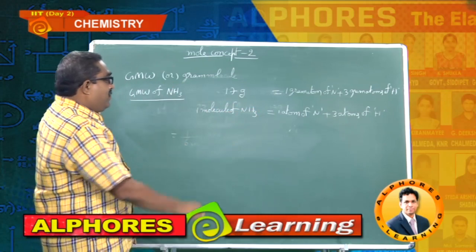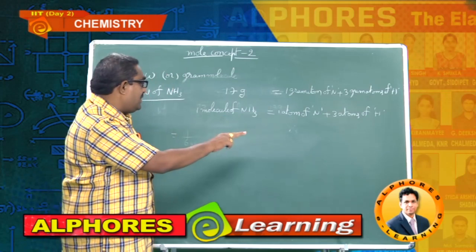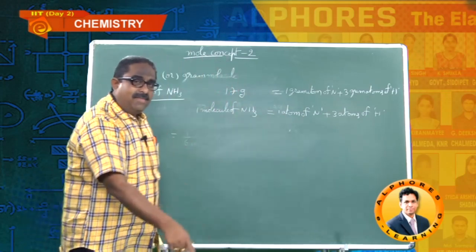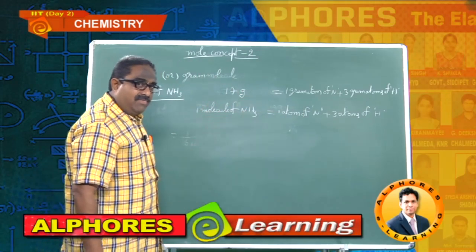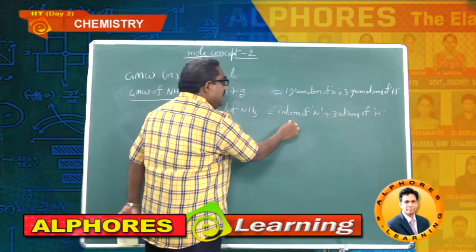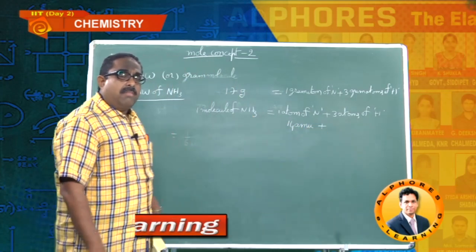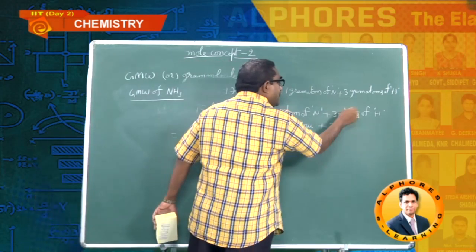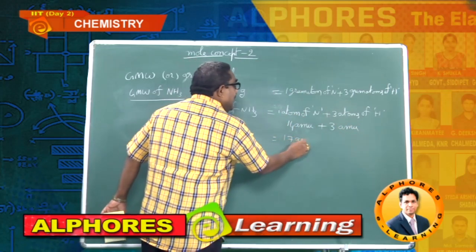Now, if I want to equate this with respect to masses, 14 grams is the mass of 6 into 10 power 23 atoms of nitrogen, but here I have given only 1 atom of nitrogen. So simply you can write 14 AMU plus, we know the mass of 1 atom of hydrogen is 1 AMU, so 3 AMU. So it comes to around 17 AMU.